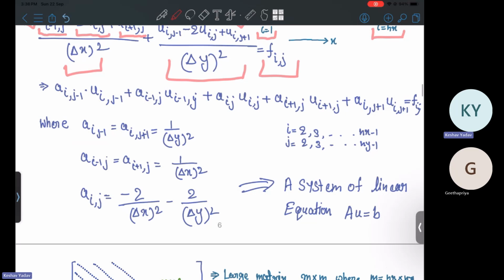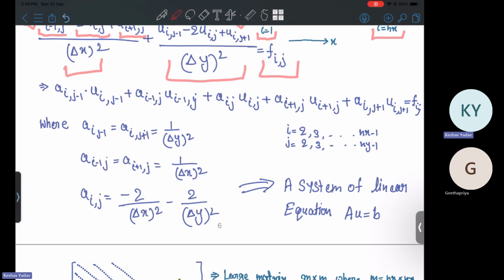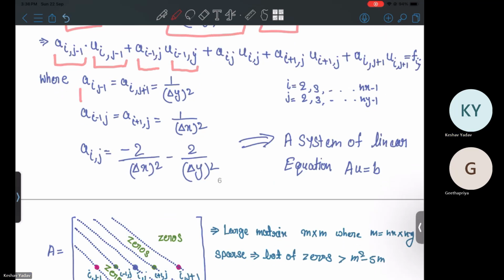If I write this equation in simpler form, that will be equal to a i j minus 1 multiplied by u i j minus 1, plus a i minus 1 j u i minus 1 j, plus a i j u i j, plus a i plus 1 j u i plus 1 j, plus a i j plus 1 multiplied by u i j plus 1, which will equal f i j. Here a i j minus 1 is equal to a i j plus 1, which equals 1 upon delta y square.